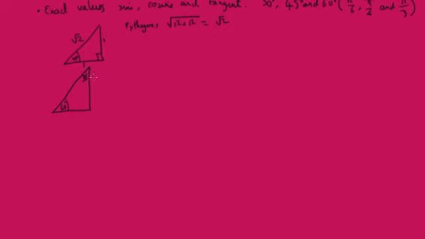So that's like thinking about another equilateral triangle here. And that would then be 60 there, and we've come down here for 90.